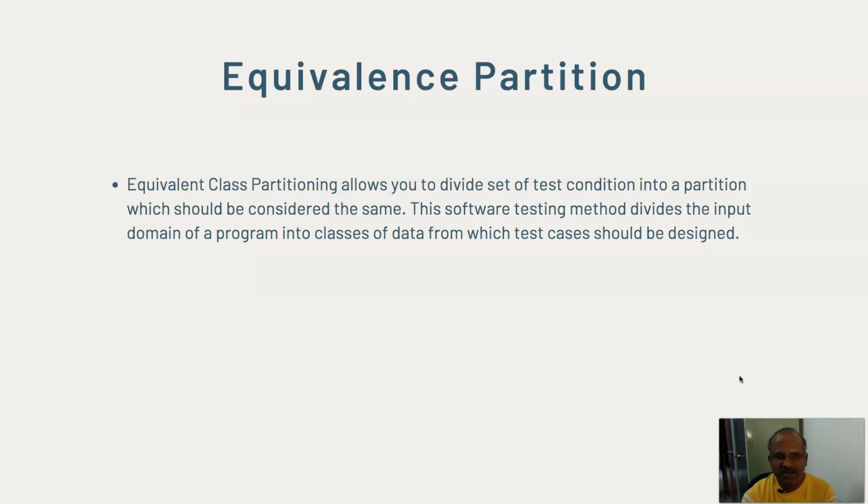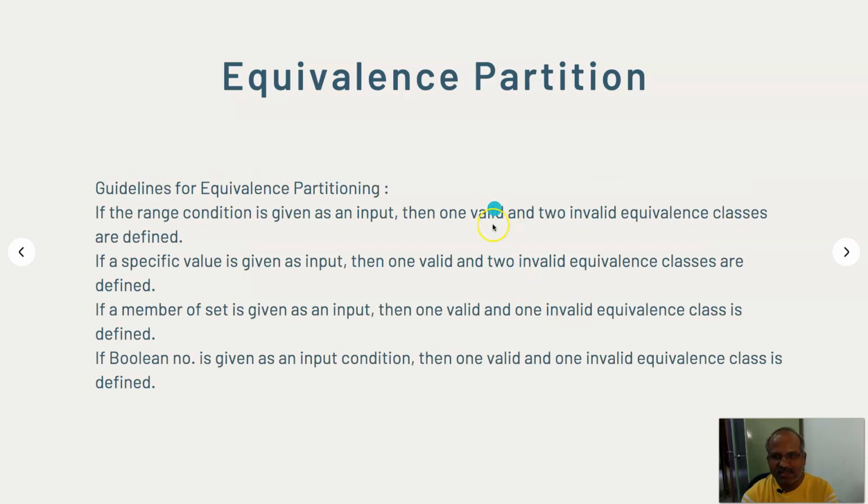This software testing method divides the input domain of a program into classes of data from which test cases should be designed. Let's look at how to do this. These are the guidelines for equivalence partitioning. Suppose you have a range condition, like in the previous example where valid values are from 18 to 30.